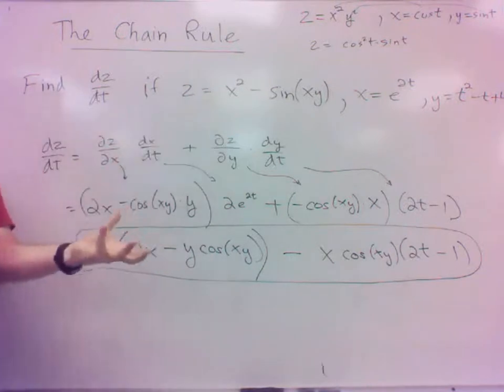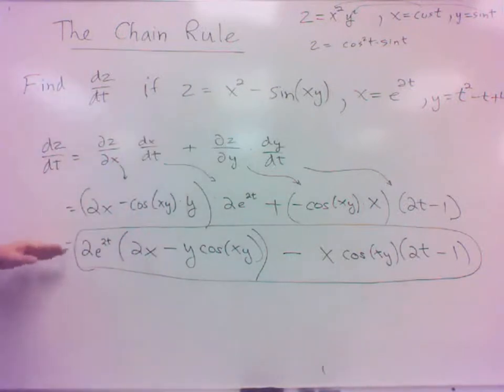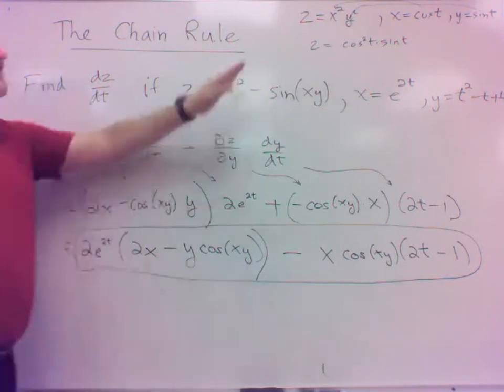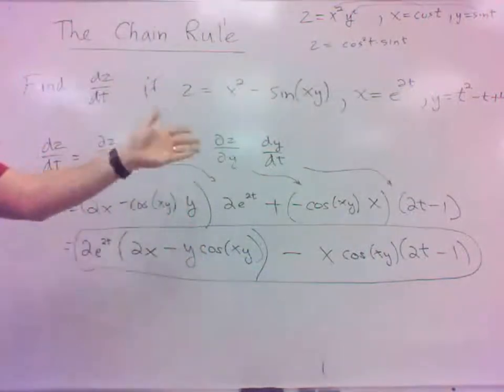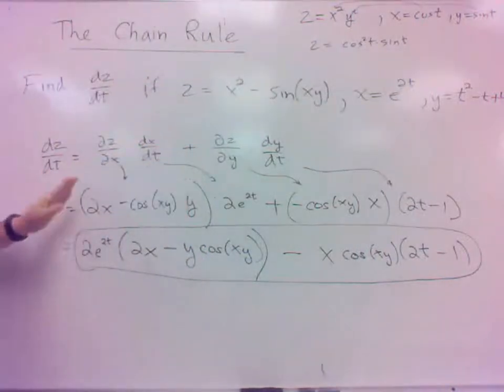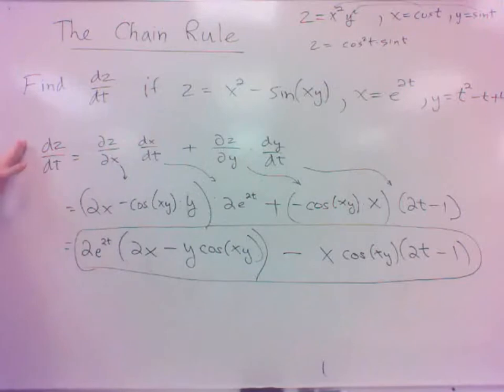You could do it that way, but if you don't substitute back in for the x and the y, it's going to be much more compact. I'm just pointing out that you could have done it that way, but when you get more complicated stuff, it is much easier to do it this way. Okay, just kind of making the connection there.